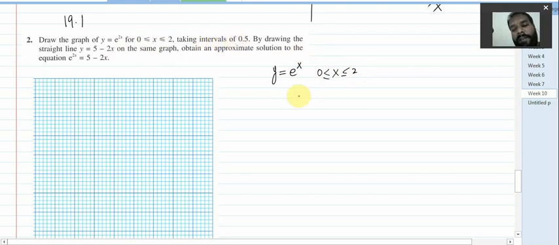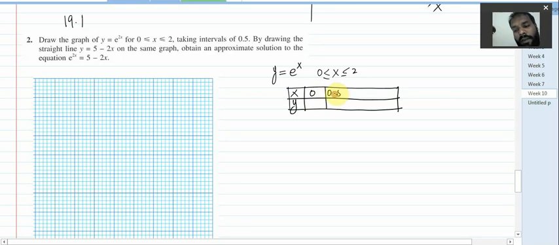That means I construct a table here to find the values, x and y. x starts with 0, then 0.5, then 1, then 1.5, and last is 2. That is meant by interval 0.5. That is my first part.